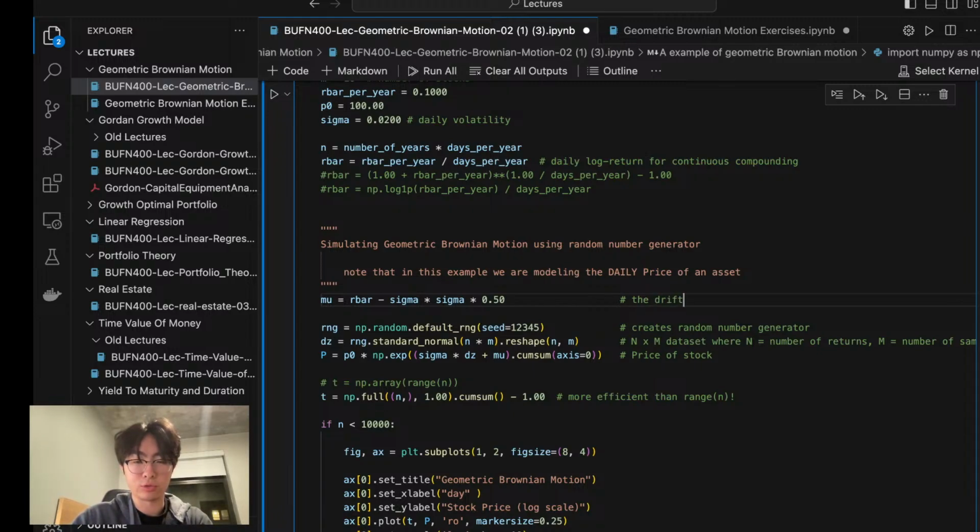We'll call this the drift term in the distribution. I guess mu describes the drift term of the model. Maybe this could be a proxy for the expected return on the asset.